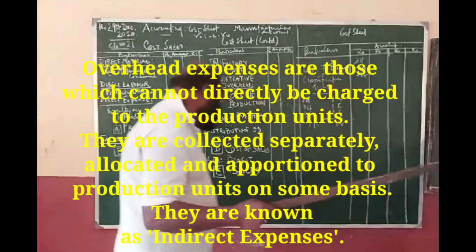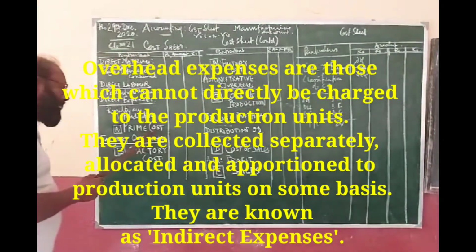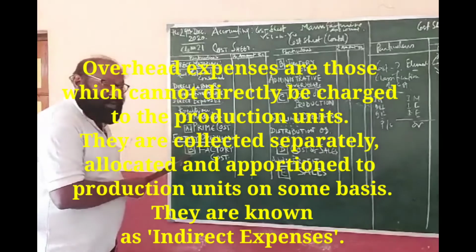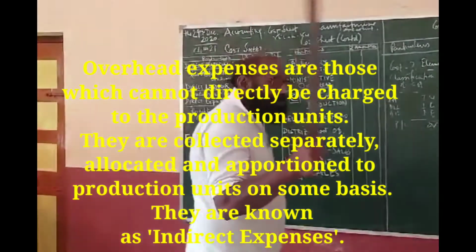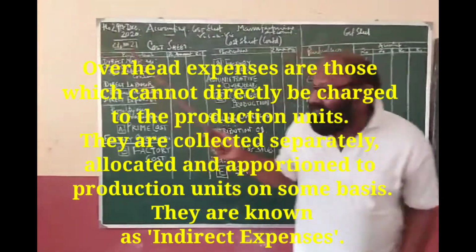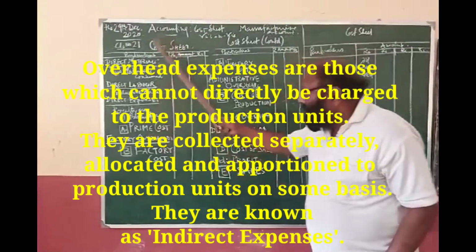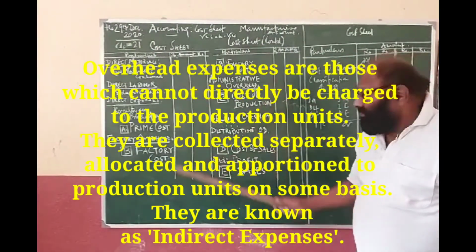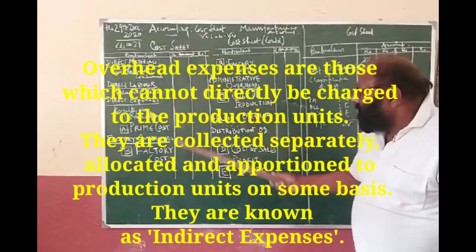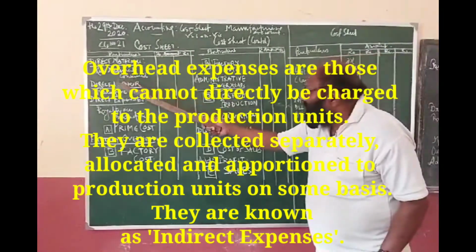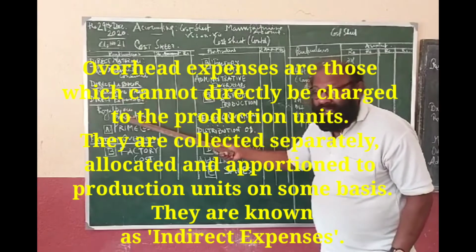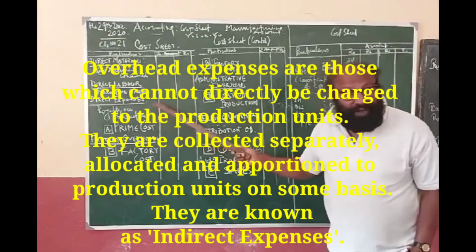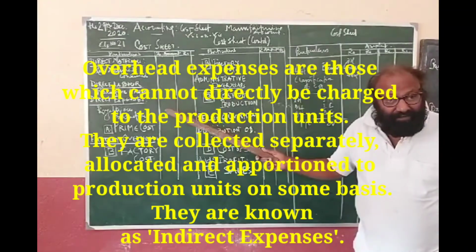Now, how do you do that? First of all, you think you have incurred the prime cost, and then you should add factory overhead. Consider first the idea of this factory cost sheet. First of all, prime cost: direct material, direct labor, direct expenses. All these are the expenses which you have made in the factory, right or not?